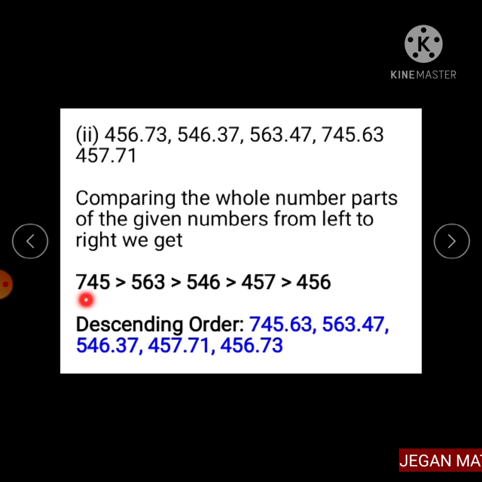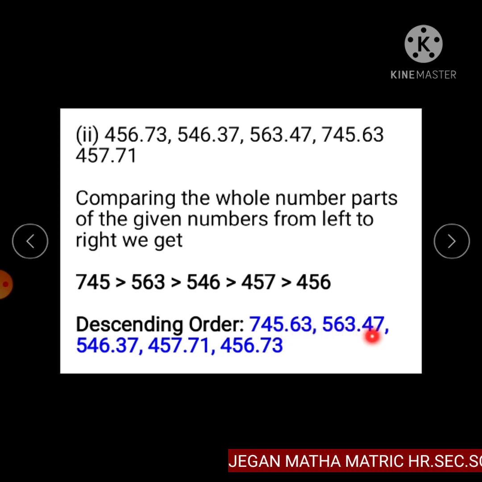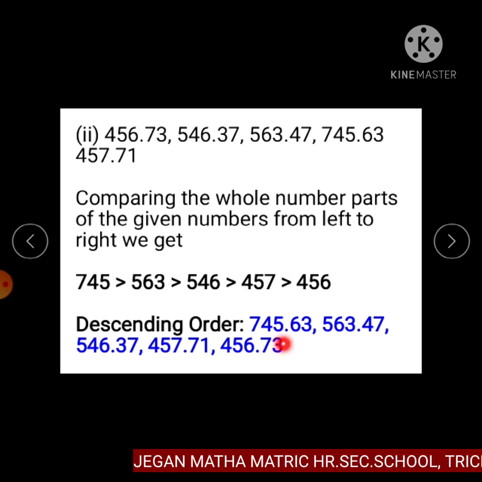We get 745 is greater than 563 is greater than 546 is greater than 457 is greater than 456. The descending order of the given numbers is 745.63 is greater than 563.47 is greater than 546.37 is greater than 457.71 is greater than 456.73.